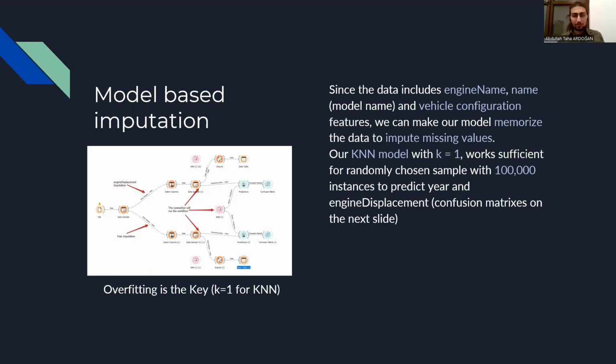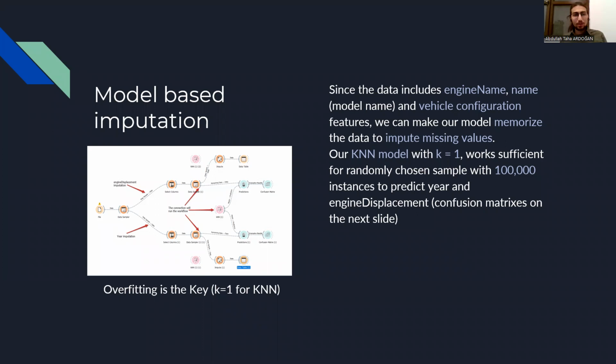We tried CN2 rule induction model, and others. But the best model is the overfitting model, the memorized model, because we derive engine displacement values from engine name.